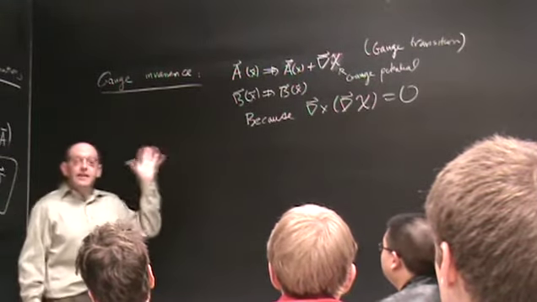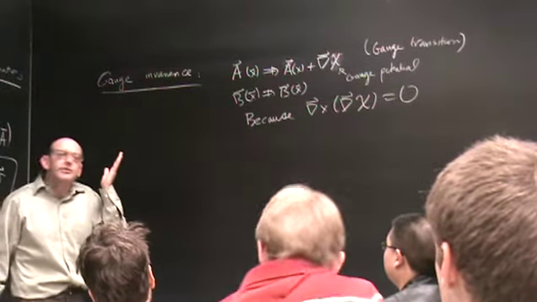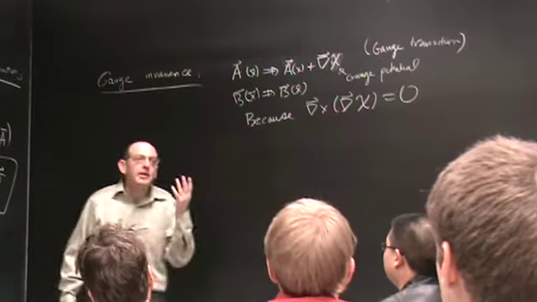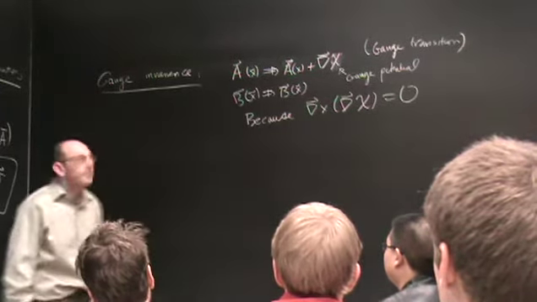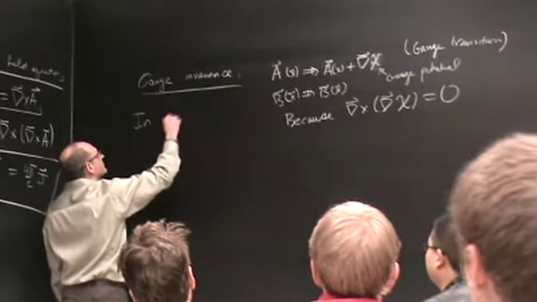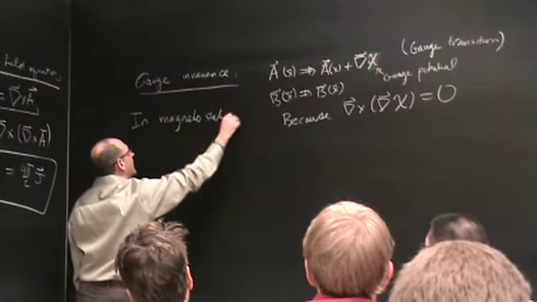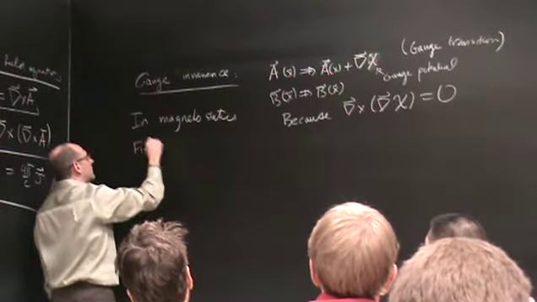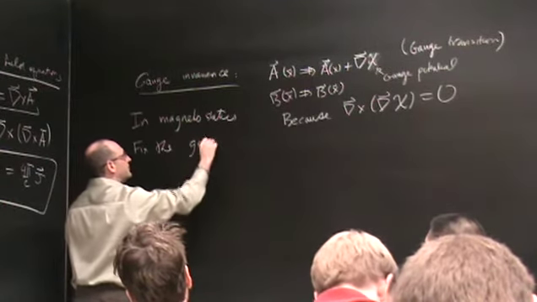In the context of magnetostatics, there's a natural gauge that we almost always choose. You don't have to, but it's the natural thing because it makes the equations look nicer. In particular, in magnetostatics, we fix the gauge by choosing what the divergence of A is.